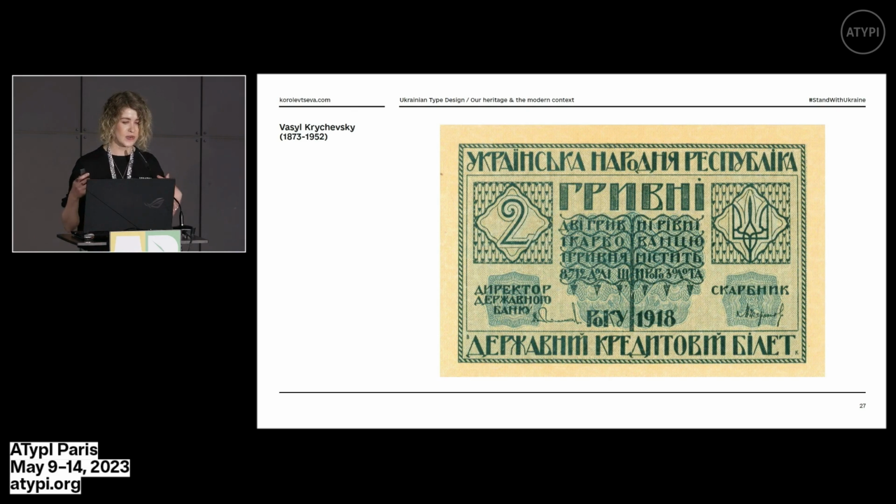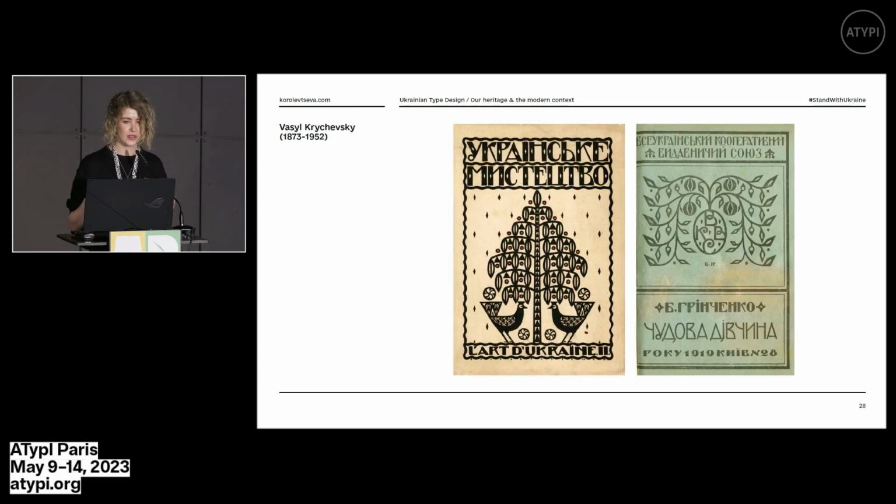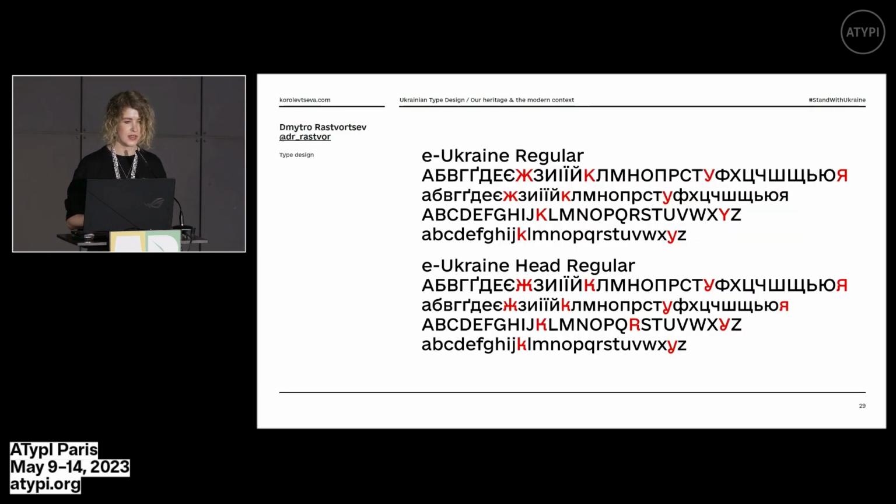In this work, you can see it here also, this letter U with this rounded tail. It's like a signature of Vasil Krychevsky. And this grapheme is also quite traditional for Ukrainian letters and shapes. And this is also a typeface created by Dmytro Rastvortsev. And also you can see letter U with this rounded tail.